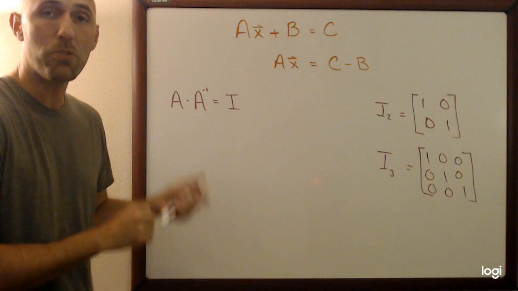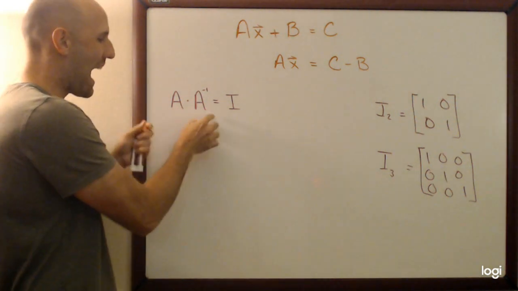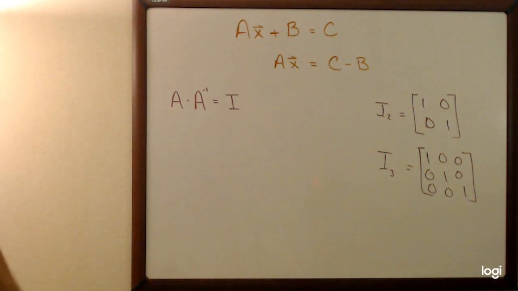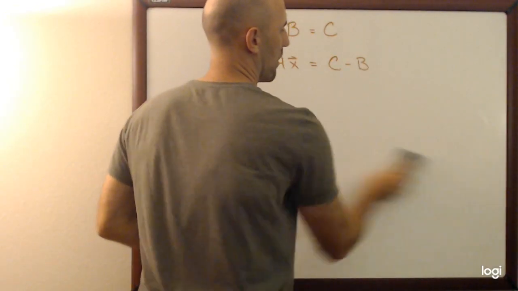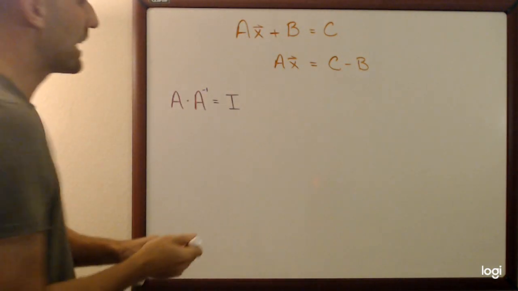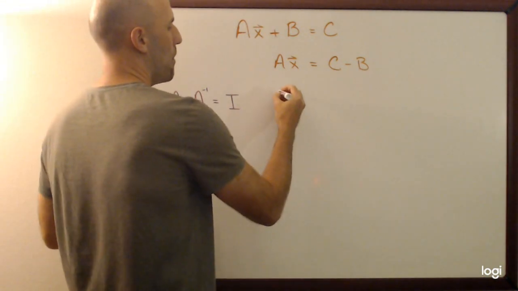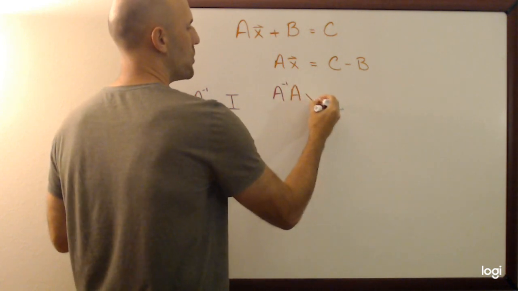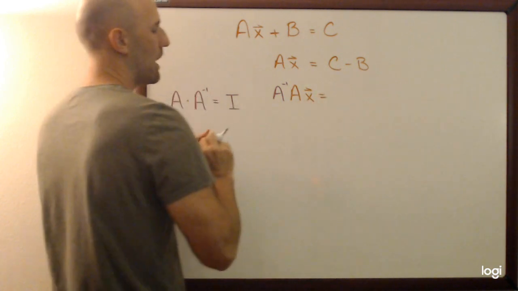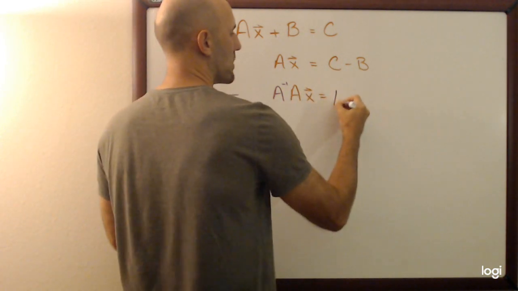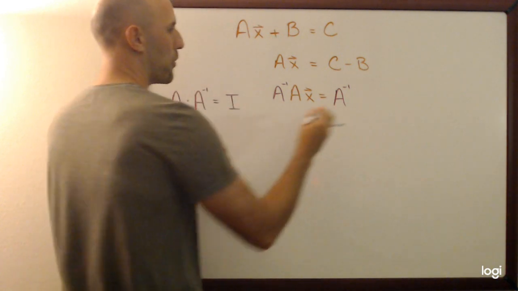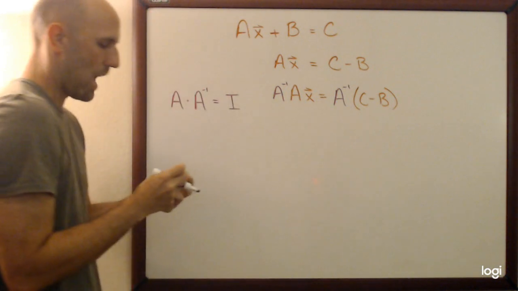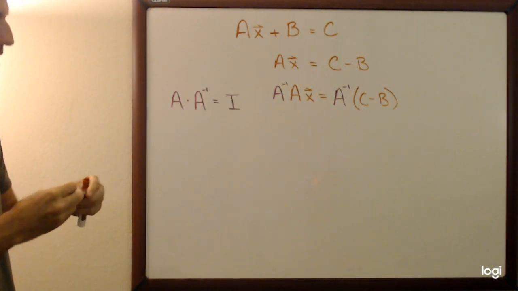And now, suppose this exists. So if I actually have the matrix that creates this, then I can do the following with my algebra. What I can do is left multiply both sides of my equation. Got to remember, multiplication's not commutative, right? So if I left multiply by A inverse on the left-hand side, I have to left multiply by A inverse on my right-hand side. And so what I get now is this simplification on the left.